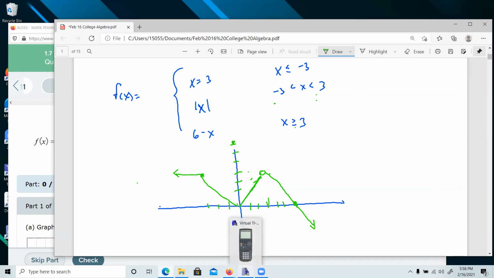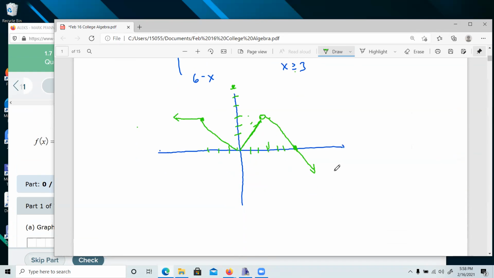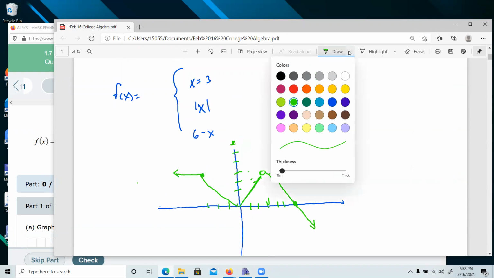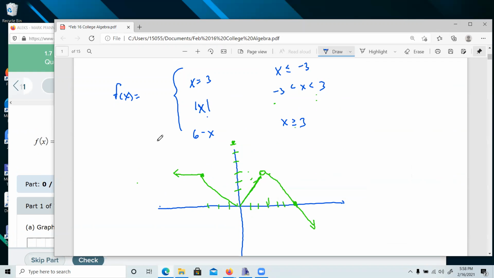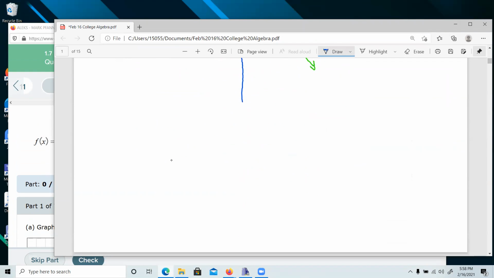Okay. So let's do one more. Let's go with f of x equals, and let's take a look at this. Go with 1 from x equals 0 to x equals 1.